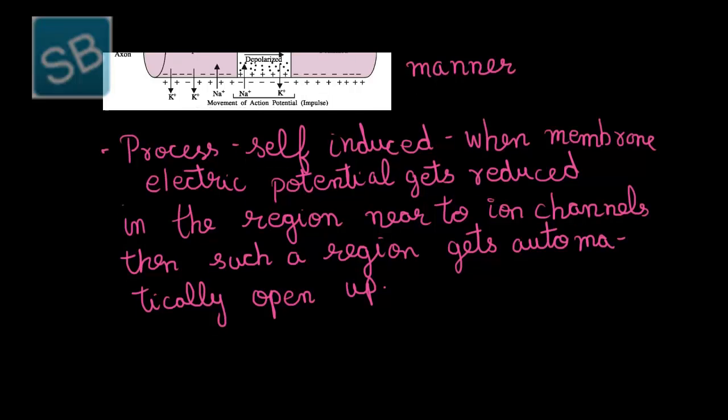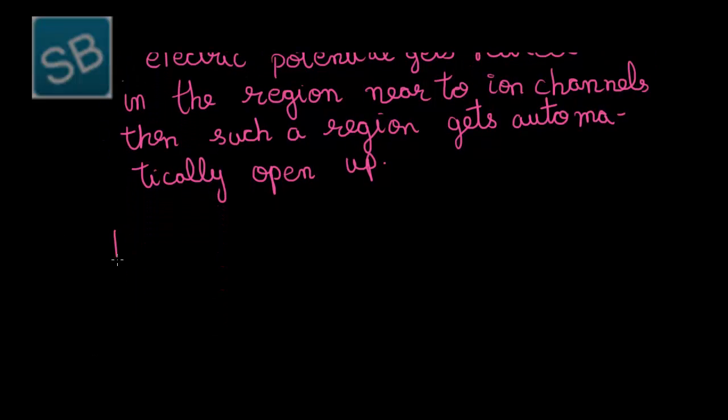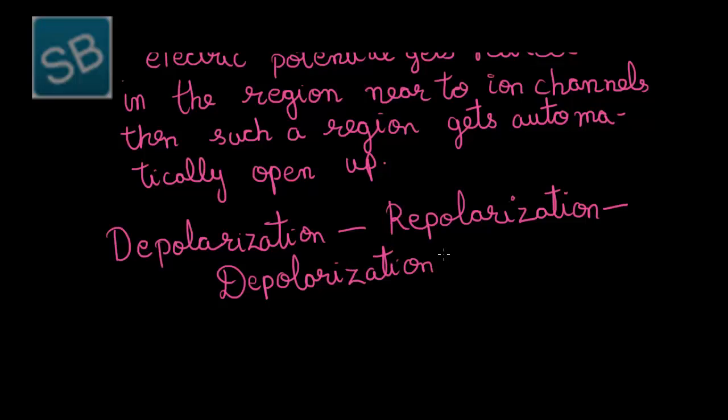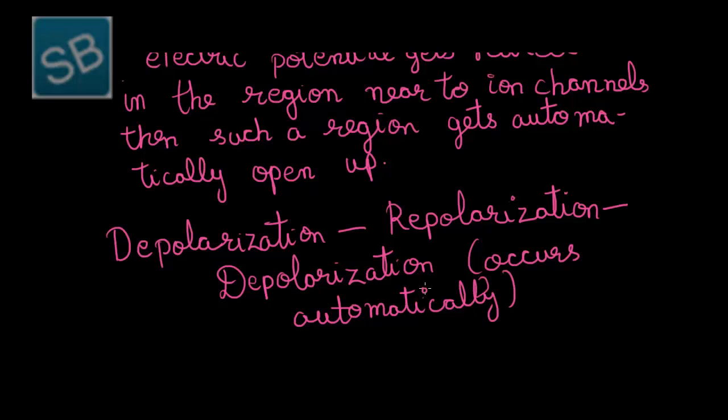And therefore depolarization followed by repolarization and then again depolarization step goes on continuously, which occurs automatically. And thereby nerve impulse moves continuously in this direction.